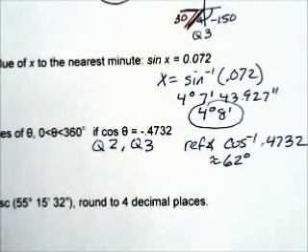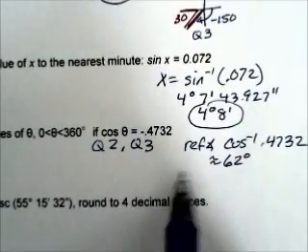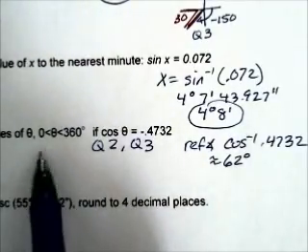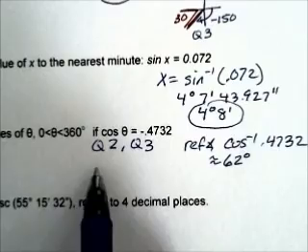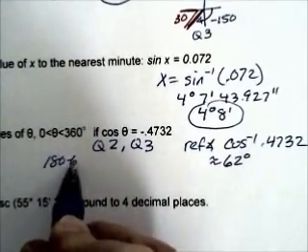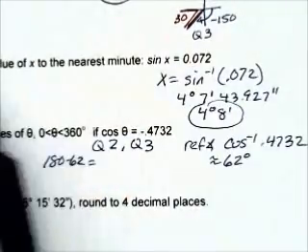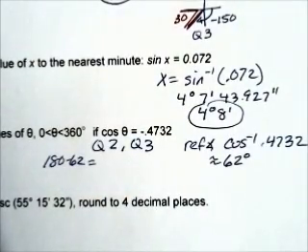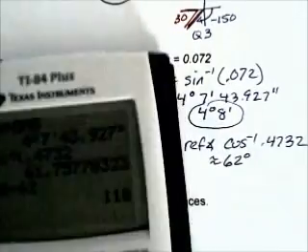If we have a reference angle in quadrant 2 of 62 degrees, what's the actual angle that shares its terminal side? It would be 180 minus 62, which is 118.